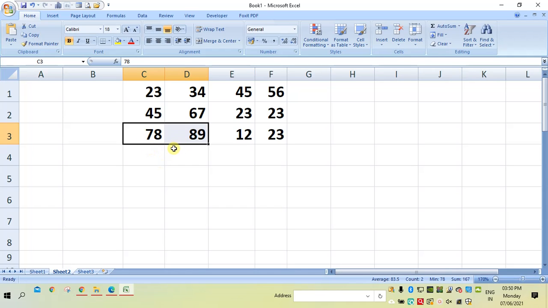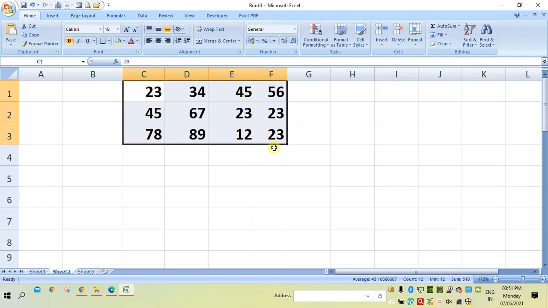These are called ranges. One thing to remember is that in ranges the beginning cell and end cell are specified. For example, previously I told the range of these numbers, C1 is the beginning cell and F3 is the ending cell. These two cells are separated by a colon.